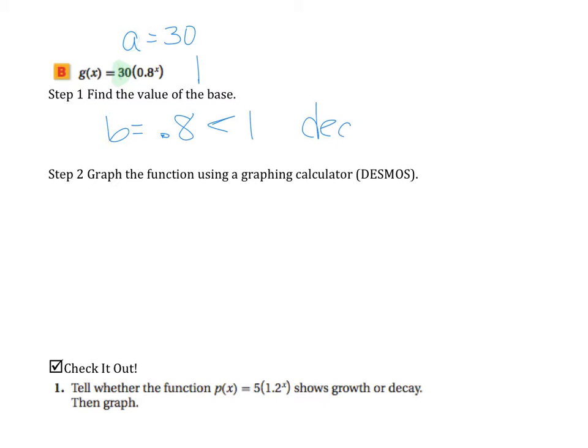So this would be decay. Using our Desmos, putting that in, you would find out that the y-intercept is 30. Decay is going to decline and get really close to the x-axis.